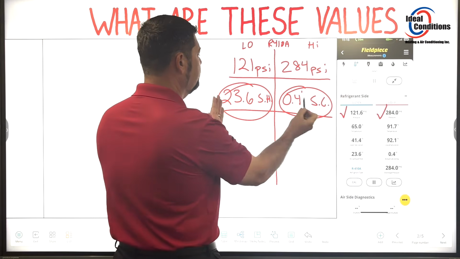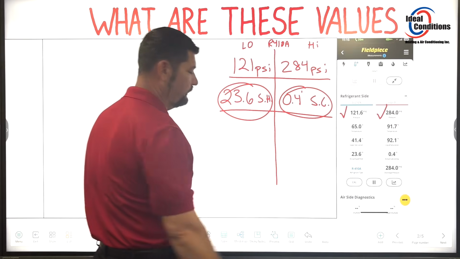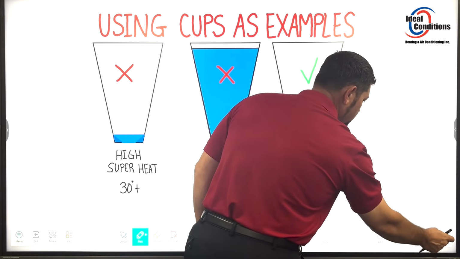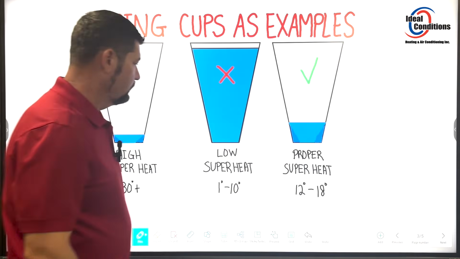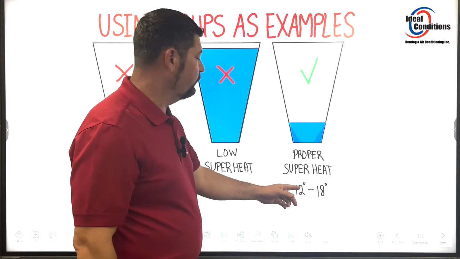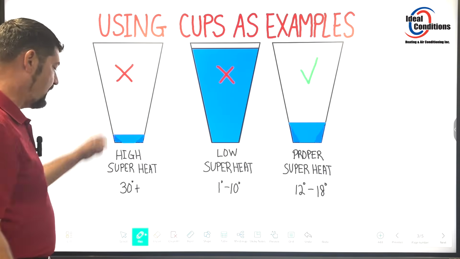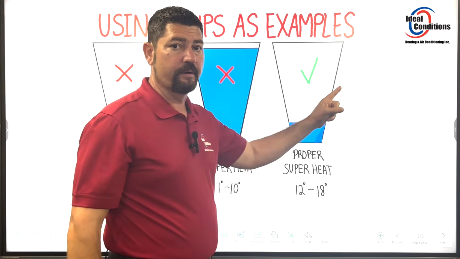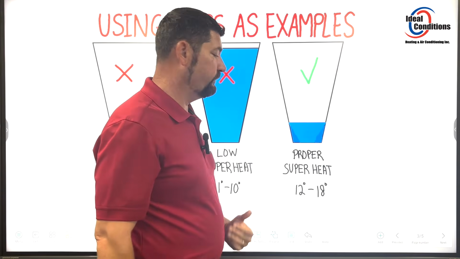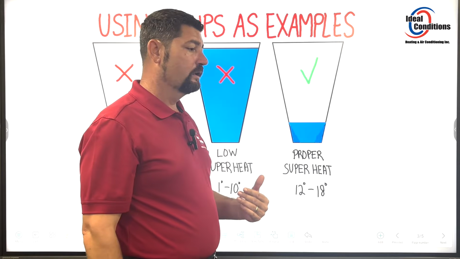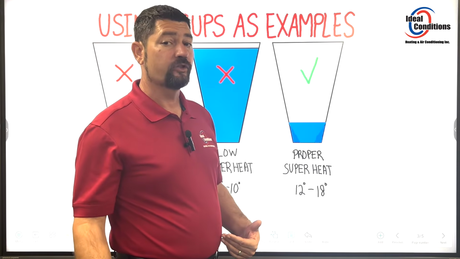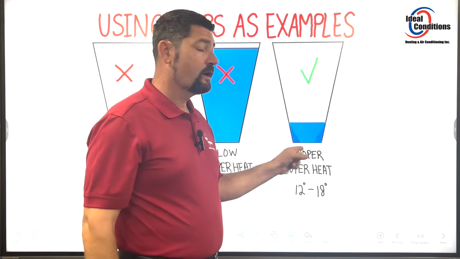When I look at this combination, what does that mean? I'm outside of my superheat range, so I can't say that I'm proper. I'm not low and I'm not high, but I'm not proper. The superheat's in range, but it's not proper.